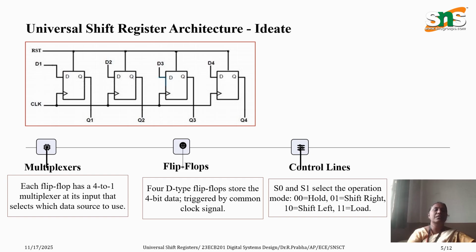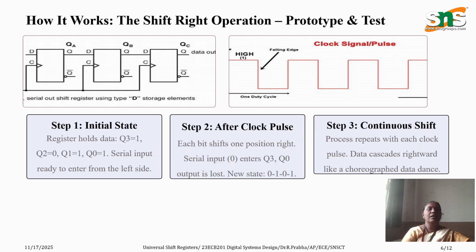Since there are four input lines or four basic operations, the number of selection lines n satisfies 2 to the power n equal to 4, so n equals 2. Totally we require two selection lines, S1 and S0. Based on the values of S1 and S0, the operation of the universal shift register is selected.